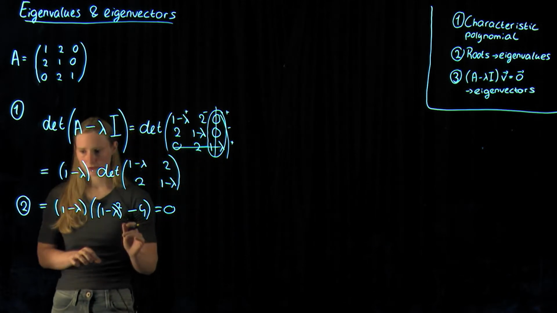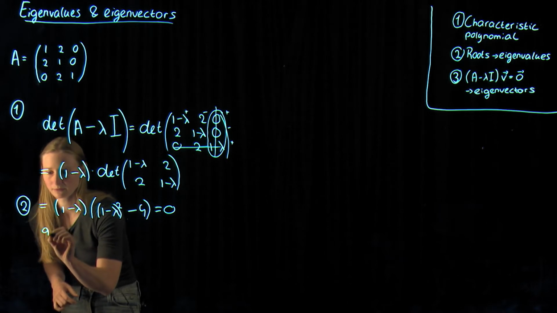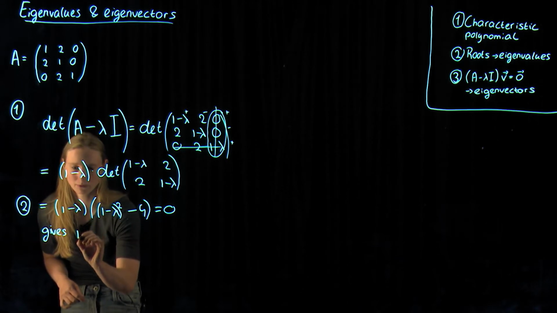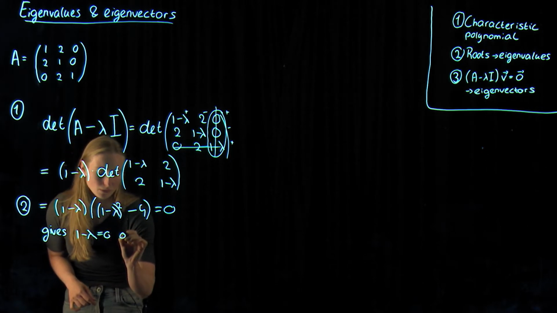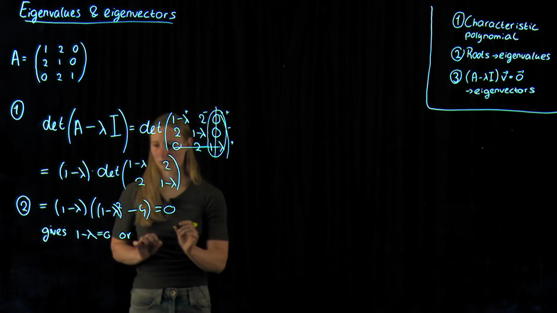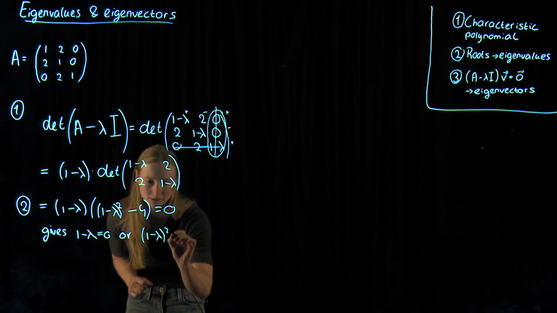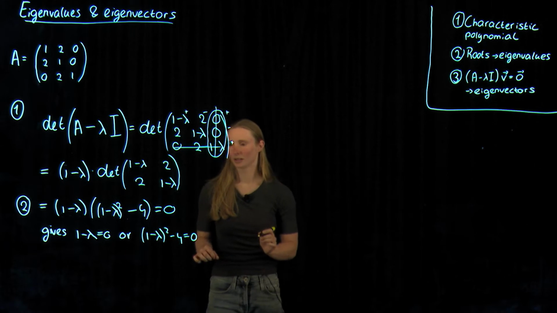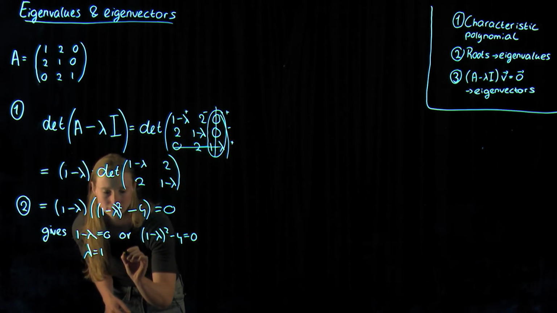So when is this 0? Well, this first thing can be 0, so 1 minus lambda is equal to 0, or this second part should be equal to 0, so 1 minus lambda squared minus 4 equals 0. Well, the first one is easy, so lambda equals 1.